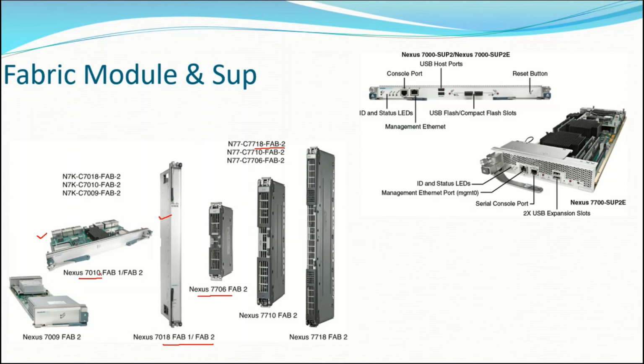So each of the switches, they have designed their hardware parts separately. So you cannot use 7000 series modules in the 7700 series chassis, or vice versa. So their module names have also been categorized, which indicates in which chassis you can use this module.